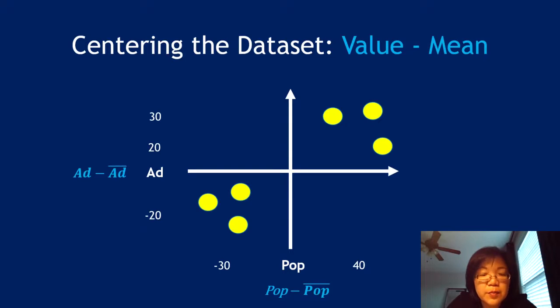So the values for pop are subtracted by the mean of pop, okay? And we also subtract the mean of ad from the actual ad value. And you can see now the distribution of the data set remains the same, but the center is now zero.